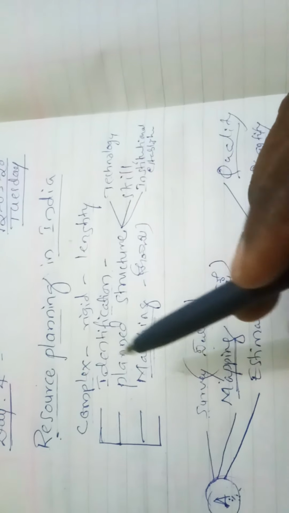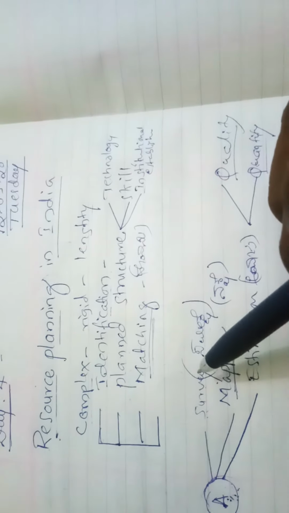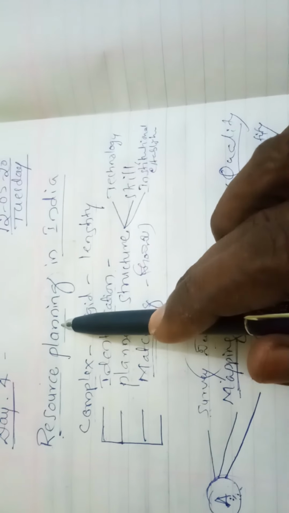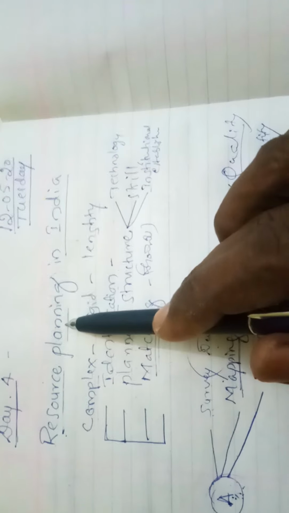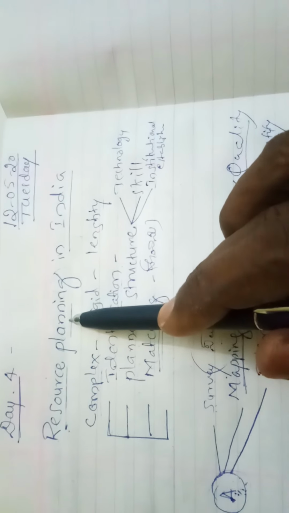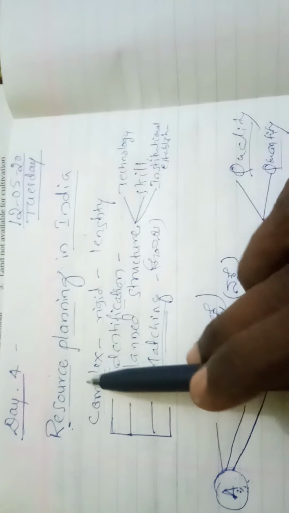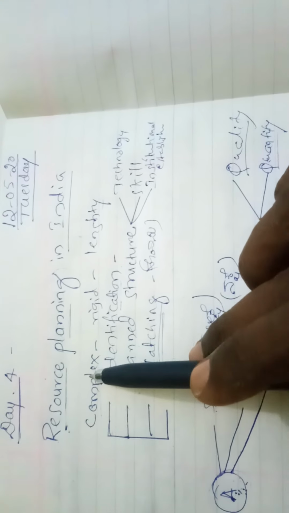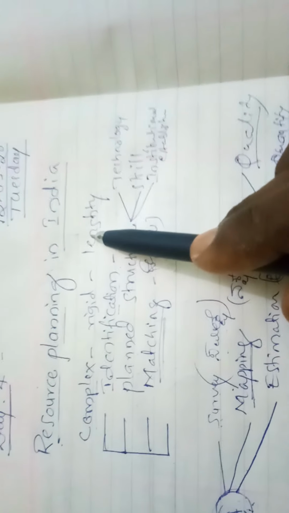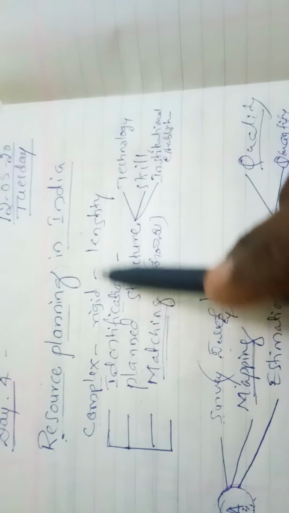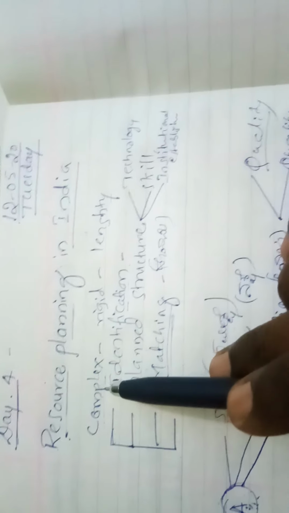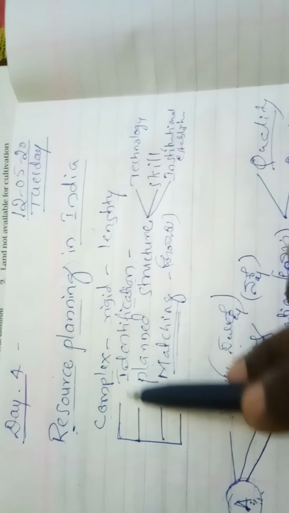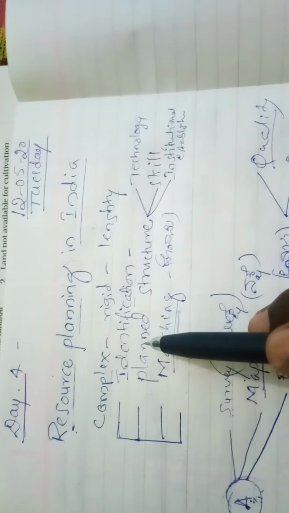In order to overcome this exploitation, proper use of resources was given importance as a concept or process in India. And resource planning in India is not easy; it is a complex, rigid, and lengthy process of utilizing the resources. This process mainly includes three different stages, namely identification.